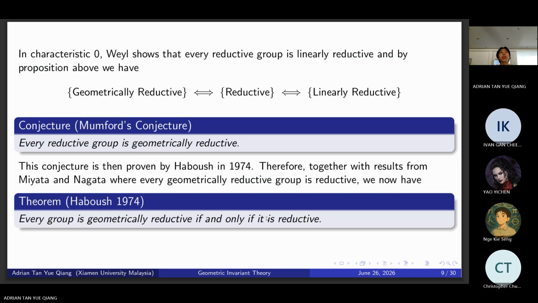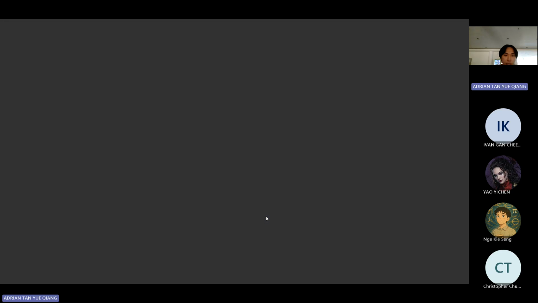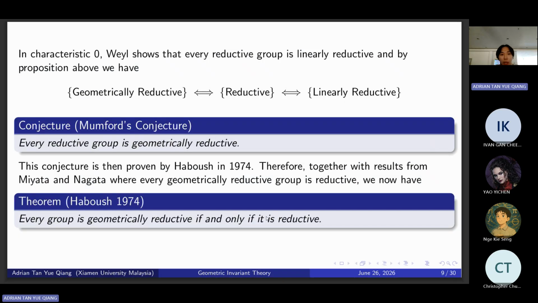Then we know that in characteristic 0, one has a theorem from Weyl, which I think people call the Weyl unitary trick. You can use it to show that every reductive group is linearly reductive. And by the last proposition in this line, we have everything that we want: geometrically reductive implies linearly reductive.